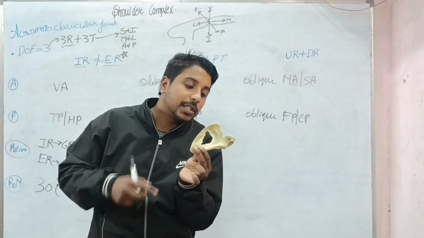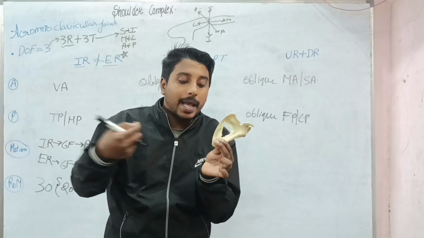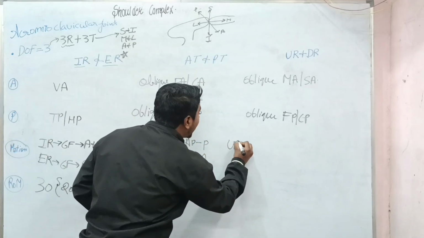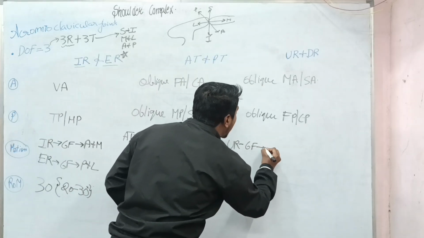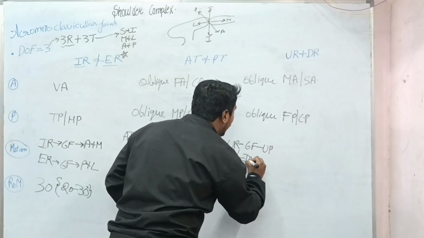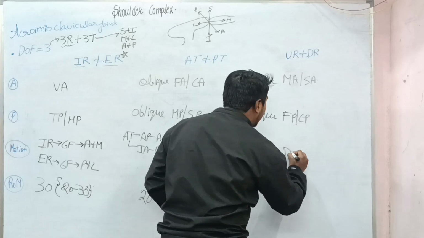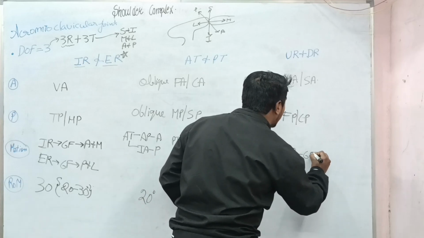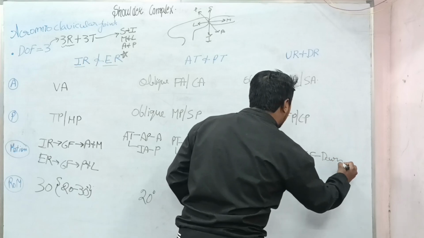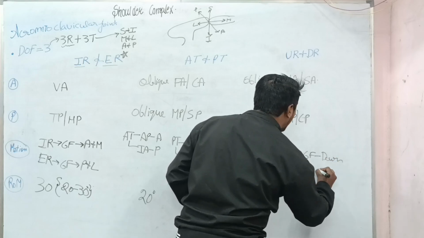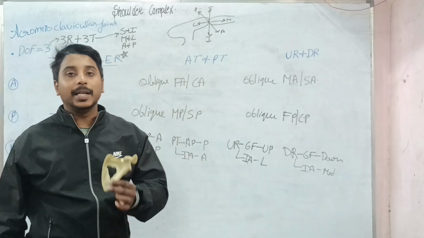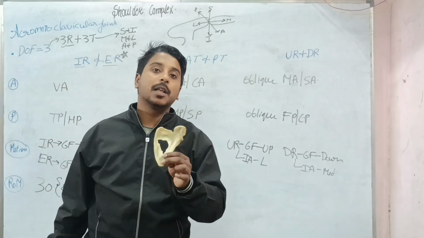While in downward rotation, the glenoid fossa moves downward and the inferior angle moves medially. So it is this and this movement.